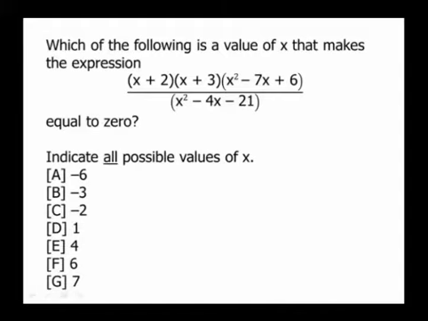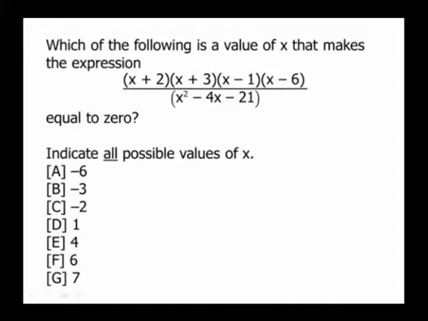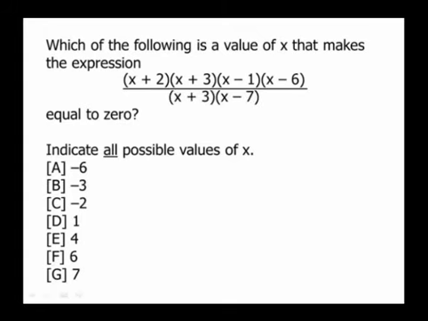So that's going to factor into x minus 6 and x minus 1. Finally, on the bottom, we have x squared minus 4x minus 21. For that, we'd need a negative 7 and a positive 3, because negative 7 times positive 3 would be negative 21, negative 7 plus positive 3 would be negative 4. So this factors into x plus 3 and x minus 7.